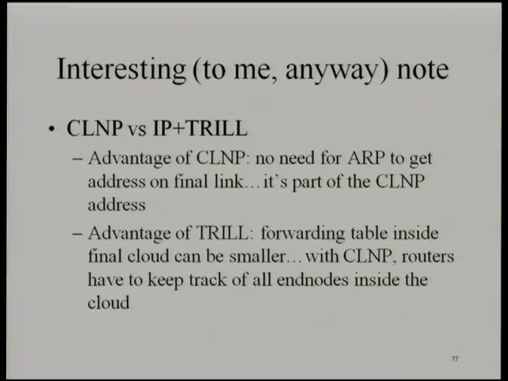Compared to IP versus Trill, the advantage of CLNP is that you don't need to do this ARP thing in order to find the 6-byte address, because it's carried in the layer 3 address. The advantage of Trill is once you get to the cloud, your forwarding table is much smaller because you don't have to worry about where all the end nodes are.